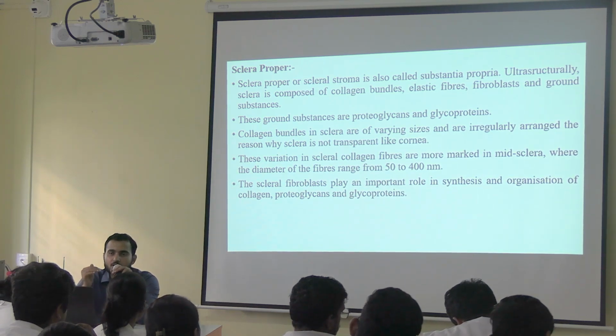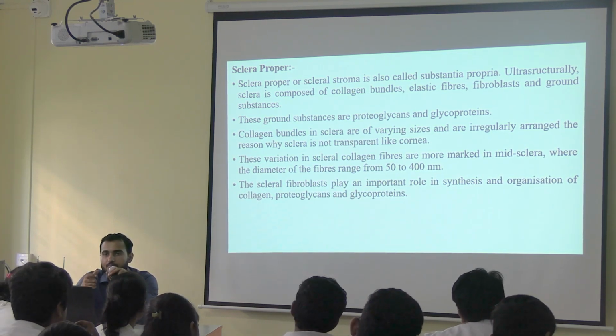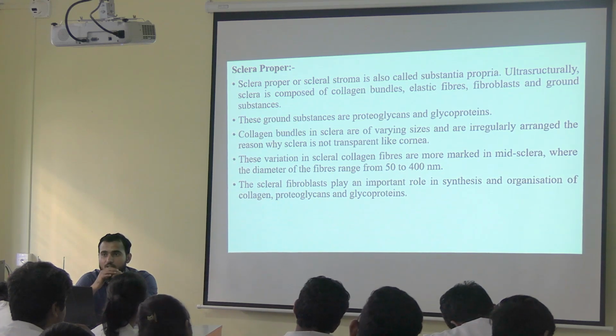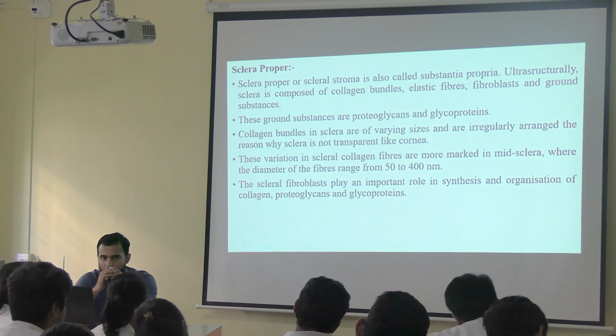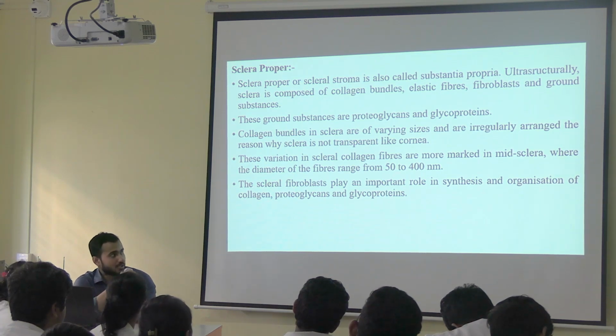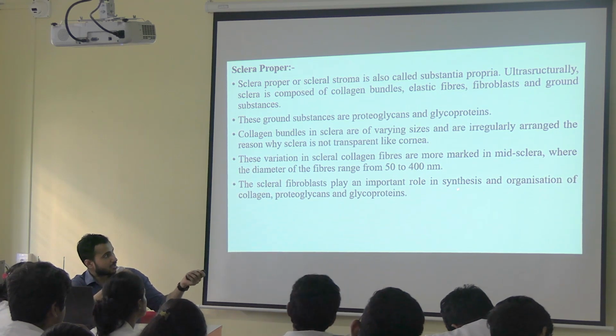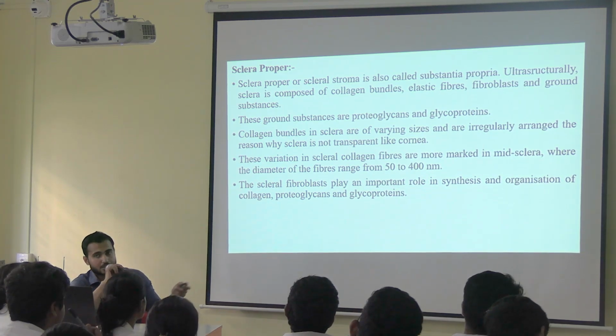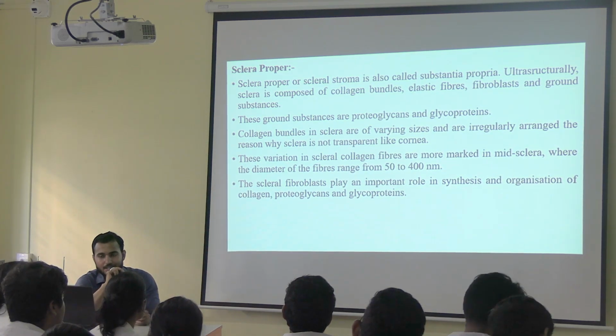That means the arrangement of the bundles of collagen fibers is irregular, and that is the reason why the sclera is non-transparent. Next, some fibroblast cells are also present because they synthesize collagen fiber, proteoglycans, and glycoproteins. So that is the sclera proper.